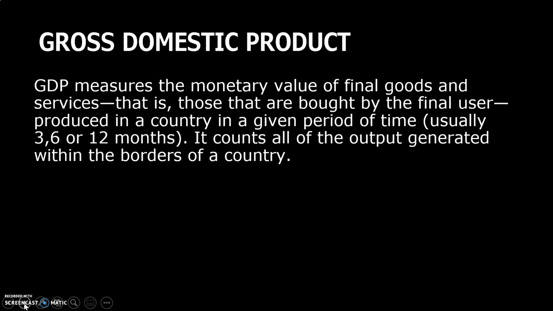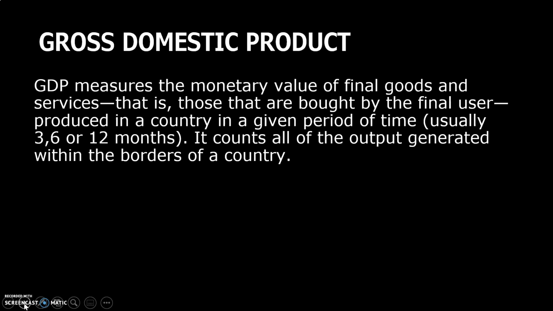So, what is GDP? Now, GDP measures the monetary value of final goods and services, so those that are bought by the final user, produced in a country in a given period of time. And the time period is usually a quarterly basis, or every 6 months, or a year.